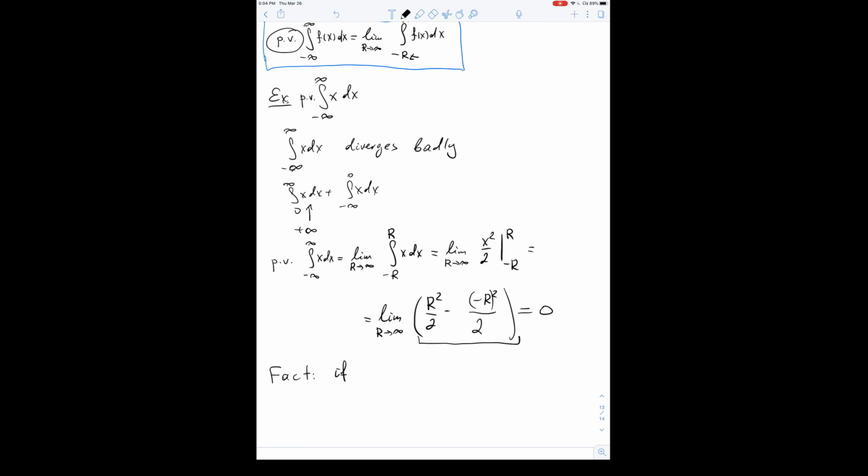We know that if the integral from minus infinity to infinity, f of x dx, and that's a real valued integral, not a complex, converges in the calc 2 sense, then it is equal to the principal value. So if it converges nicely, then it's all the same, but if it diverges, then the principal value can actually help it to converge.